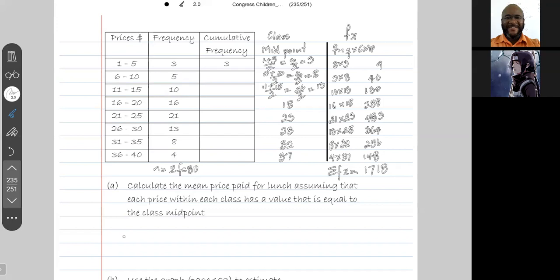All right, so the mean x bar is equal to the sum of fx over n, which is equal to 1718 divided by 80.